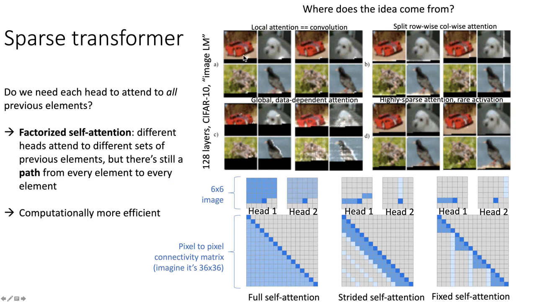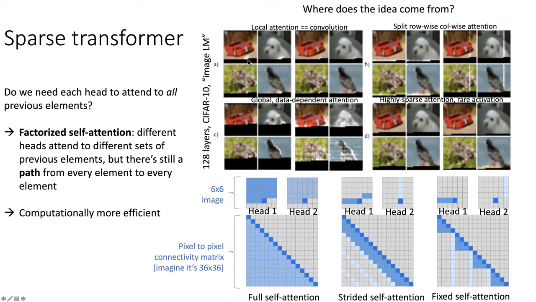These different images, A, B, C, D, show the attention patterns at different layers of this transformer-based image language model of 128 layers. They represent the masked pixels in black and the weight of attention as white pixels.